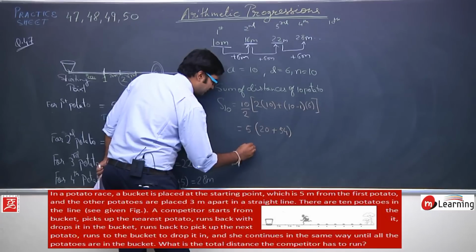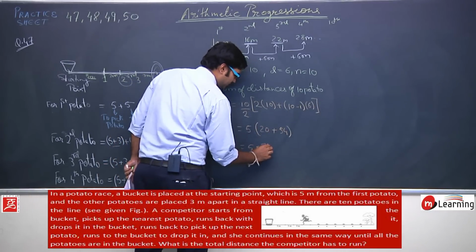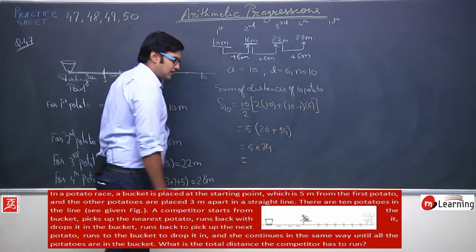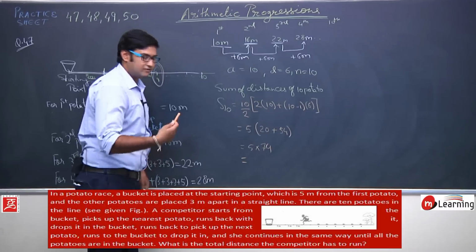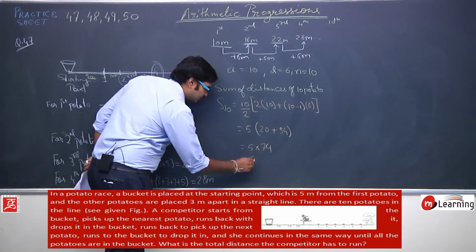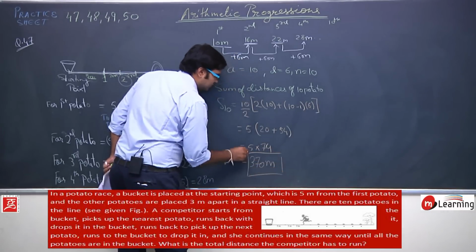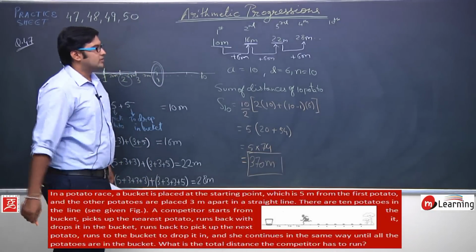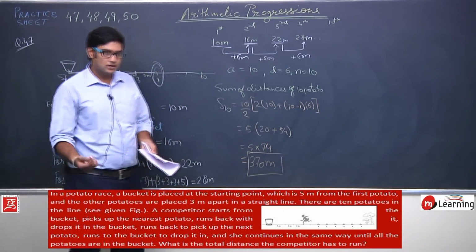So total is 5 into 20 plus 54, this will be 74. So what will be the calculation? This is 74. So 5 sevens are 35, that is 350, and 5 fours are 20. So 350 plus 20 will give you 370 meters. So she needs to travel this much distance to pick all the potatoes and drop them inside the bucket.